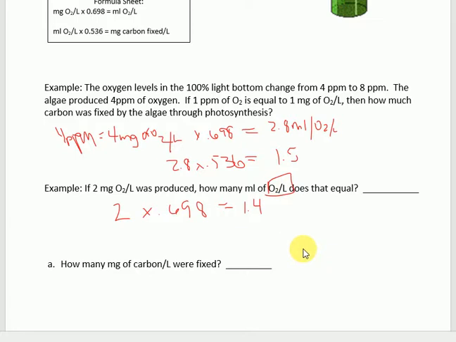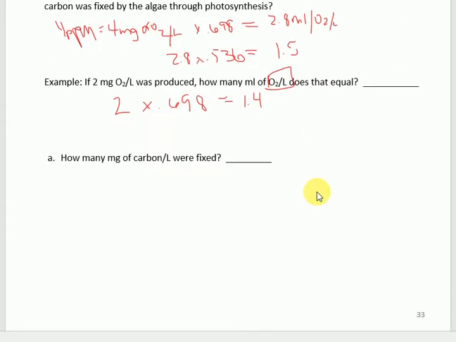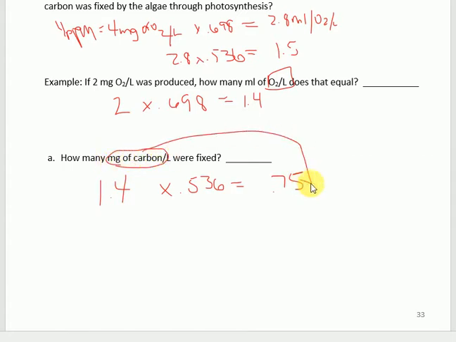I know that I'm not writing them, but that's because I'm writing with a mouse. So make sure that you remember to put in your units. Then the next part is how many milligrams of carbon per liter were fixed. So we're going to take that 1.4 and plug it into our other equation. So that's going to be 1.4 times 0.536. And that is going to equal 0.75 milligrams of carbon per liter.